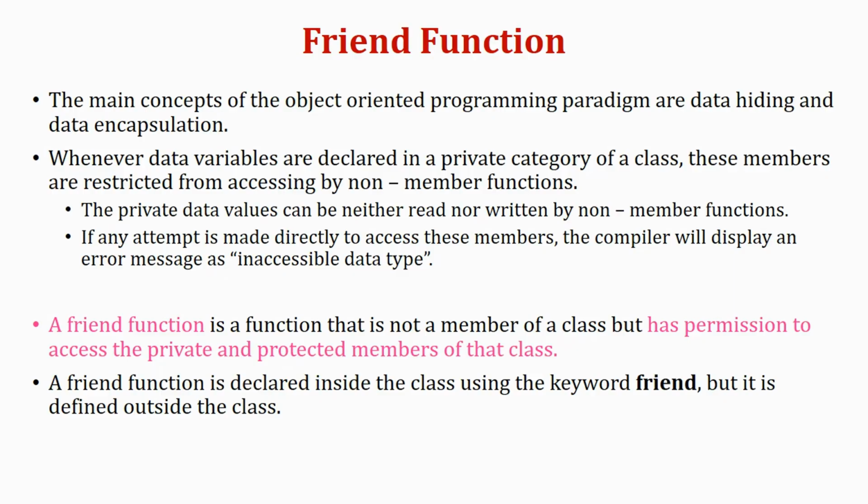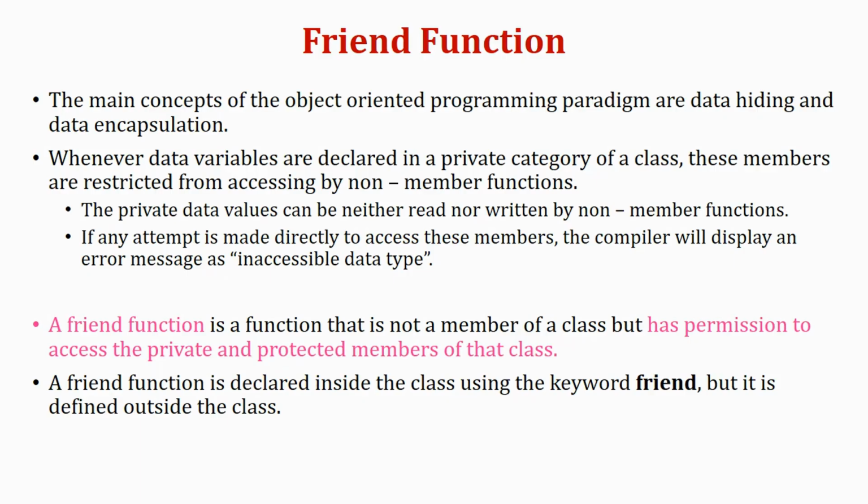It means only member functions are allowed to access the private variables. The private data value can be neither read nor written by a non-member function. If any attempt is made to directly access these members, the compiler will display an error message as inaccessible data type. So we need special functions.